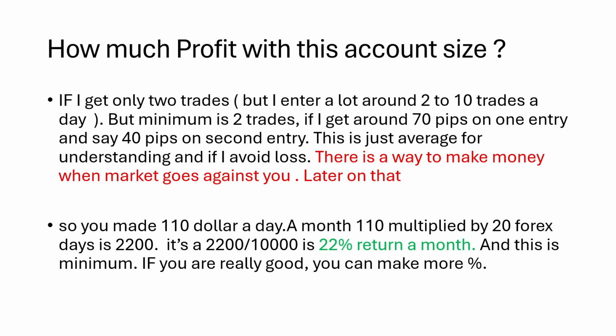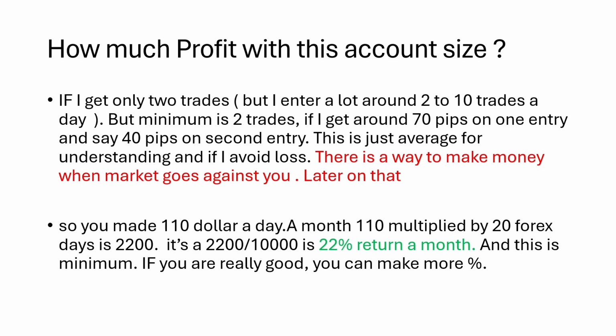You may say that every time the market may go against me, and that's possible, because there is always a 40% chance, or some percentage, that the market may go against you. In that case also you can make money, and I'll tell you how.